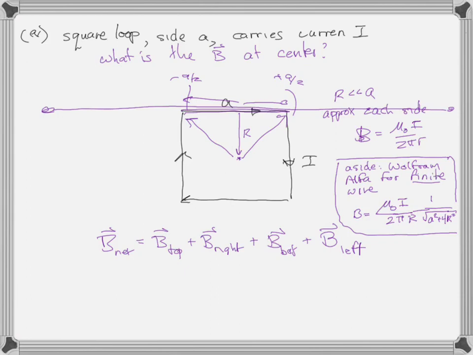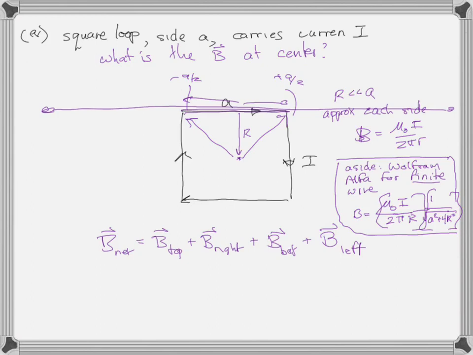And when I do that integral, what I get is the field for a long straight wire modified by this little quantity over here, 1 over the square root of a squared plus 4r squared, where a is the length of the side and r is the distance we are from the side. In this case, for the square, I do want you to note that r is a over 2.